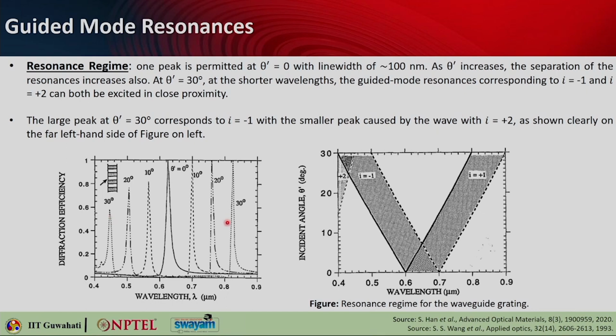The large peak at theta prime equals 30 degrees corresponds to I equals minus 1, with a smaller peak caused by the wave with I equals plus 2. So, I equals plus 2 gives this particular smaller width. Okay. This is basically seen from this one.